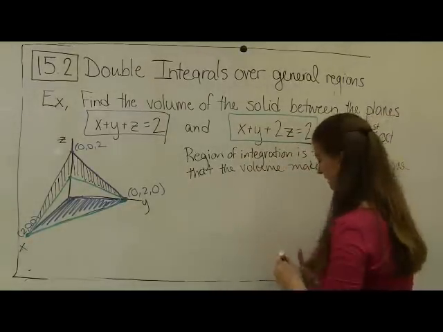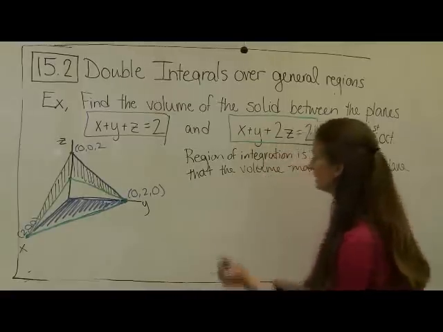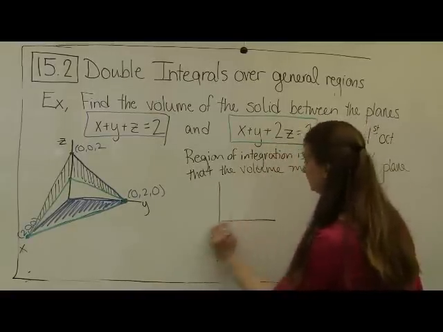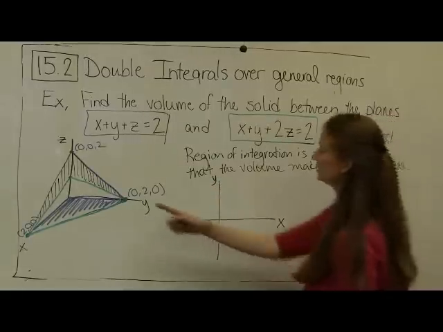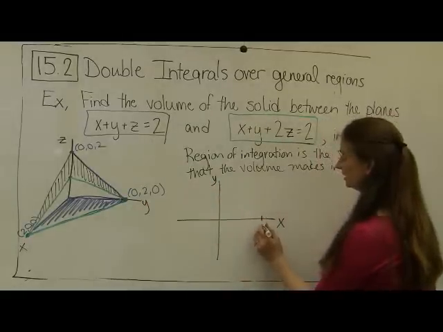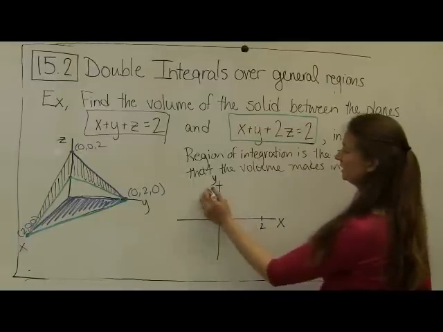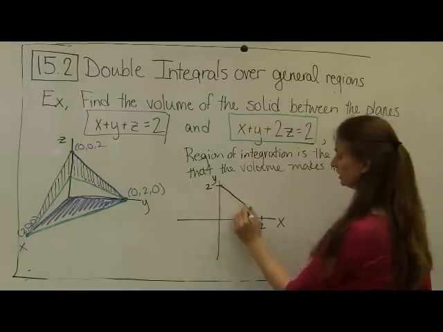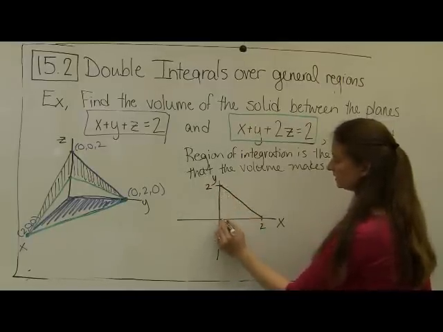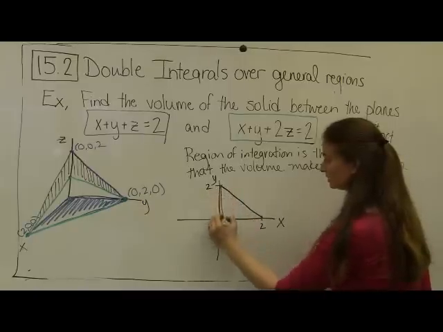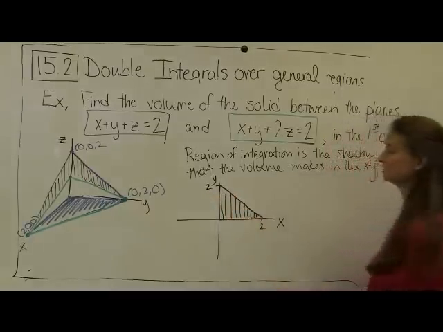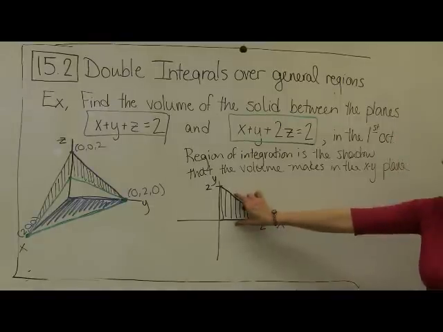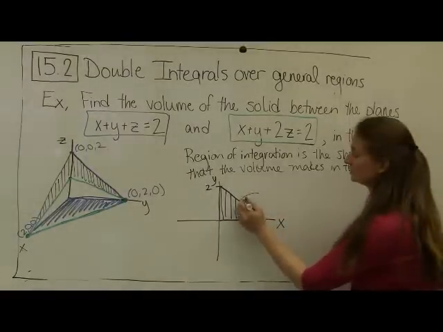If I were to draw this region, the bird's eye view in the xy plane, here's my x, here's my y. We have a couple of points on here: the point where x equals 2, the point where y equals 2, and we want this triangular region. I think the easiest way to describe it is to think of it as a type 1 region. I need to find an equation for this line.